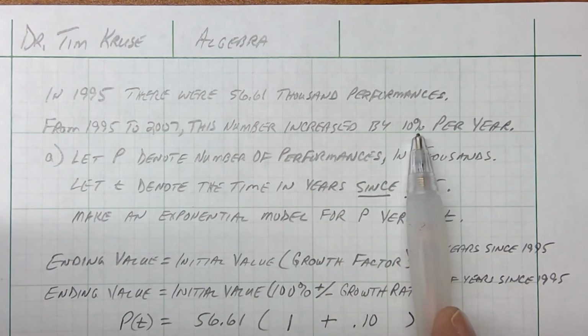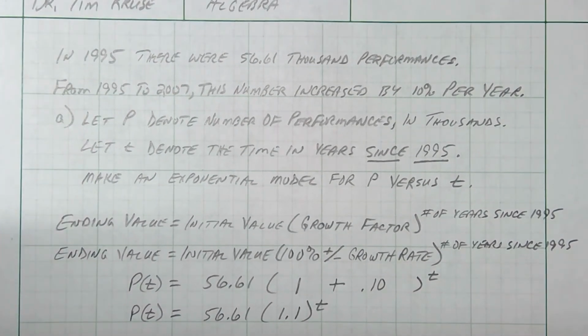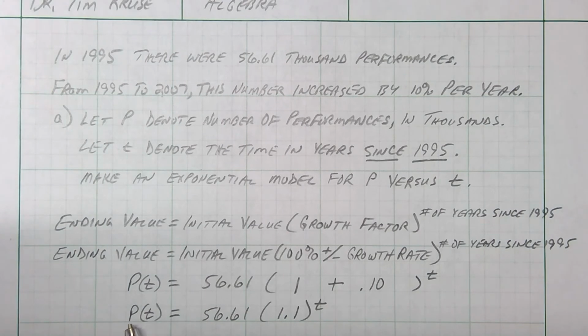It's increasing by 10%. That means it's growing by 0.10, raised to the t. Whatever's in the parentheses over here, that's what your exponent's going to be. So a little neater, written a little neater, the number of performances in terms of how many years have gone by is what you started with times 1.1 for a certain number of years.